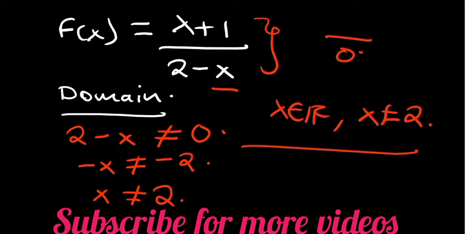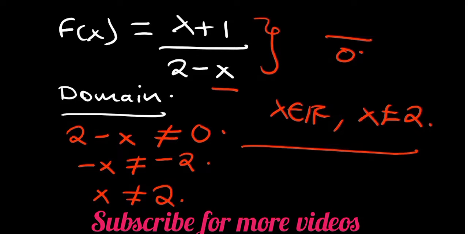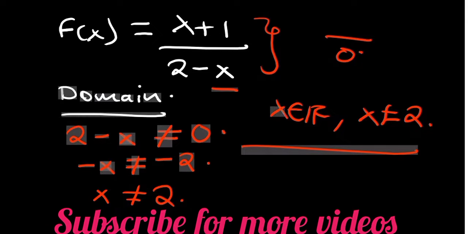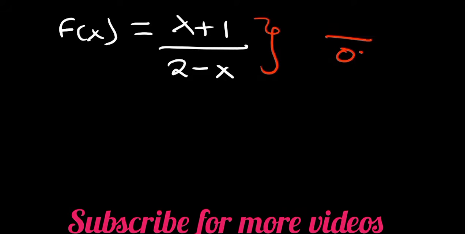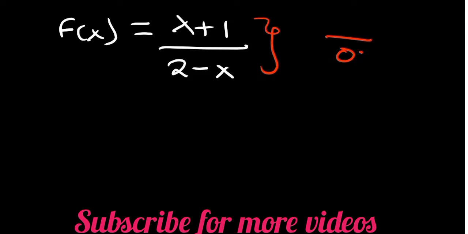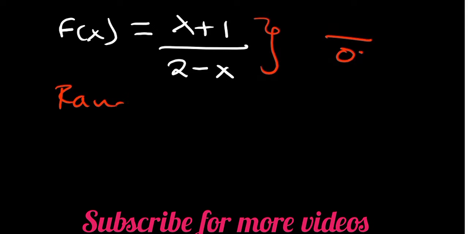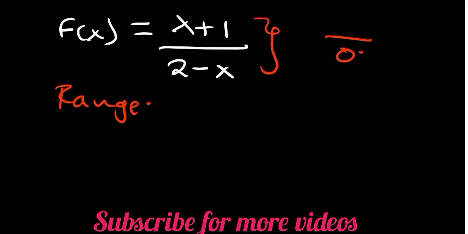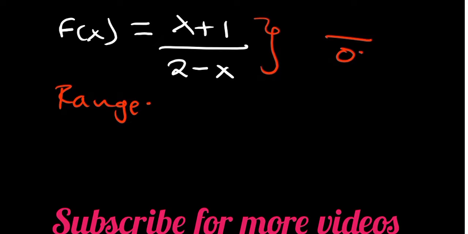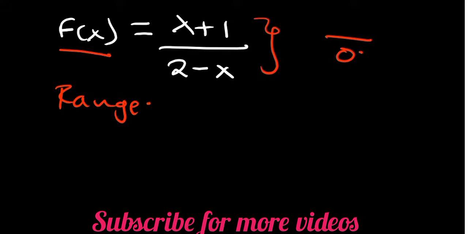Okay. How about the range? How do we determine the range? The range in this case is dependent on the inverse function. So let's try to make x the subject. Let the function be y.